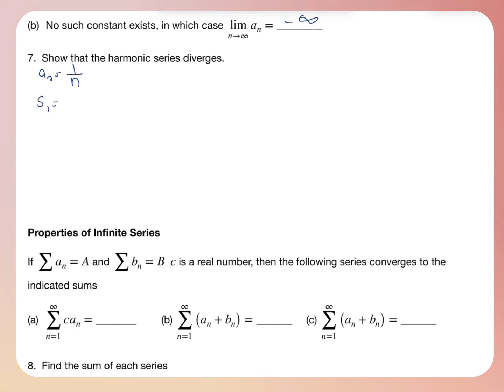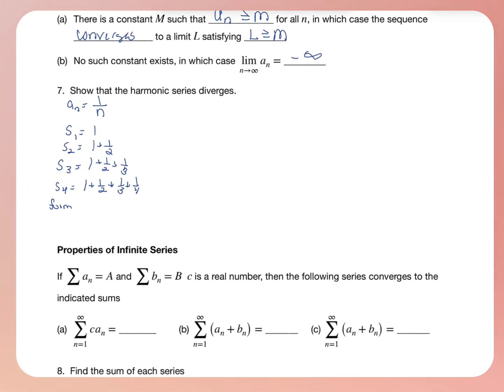Okay, so if I take my first partial sum, that would be 1 over 1, which is 1. My second partial sum would be 1 plus 1/2. My third partial sum would be 1 plus 1/2 plus 1/3. And my fourth partial sum is going to equal 1 plus 1/2 plus 1/3 plus 1/4, etc. So this is a non-decreasing monotonic sequence.